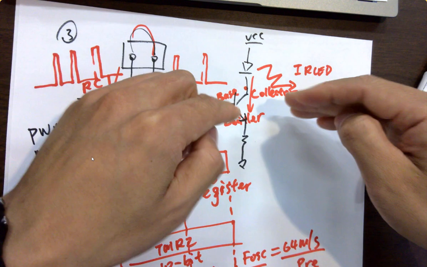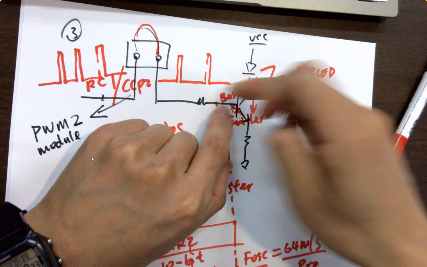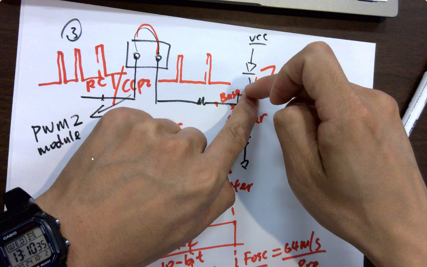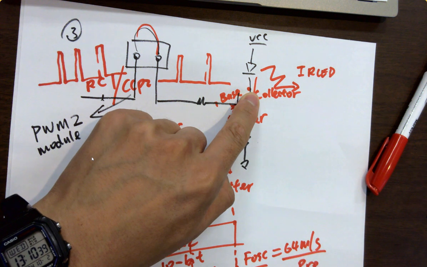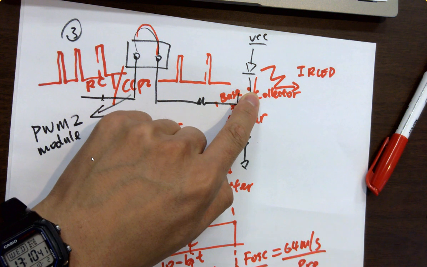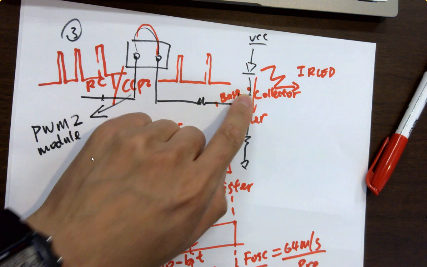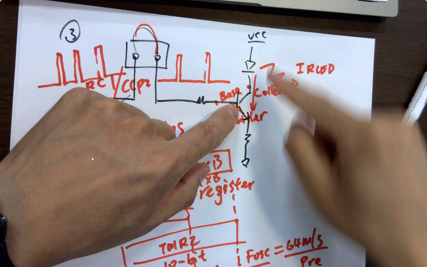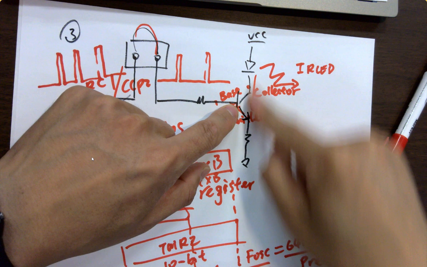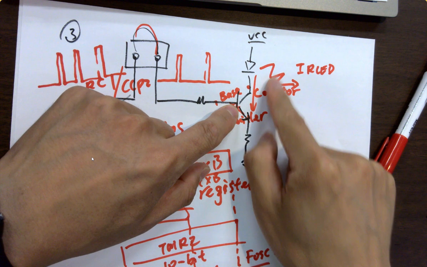You cut it, disconnect it. If it's zero, disconnected, so there's no current because it's not grounded. It's like something floating in the air. It's not grounded, not forming a loop. If it's on, you connect this point to ground, so you got current flow. You got current flow, it emits IR light.